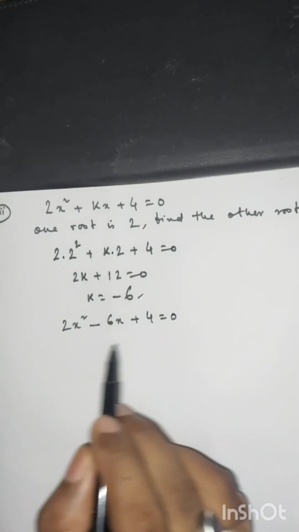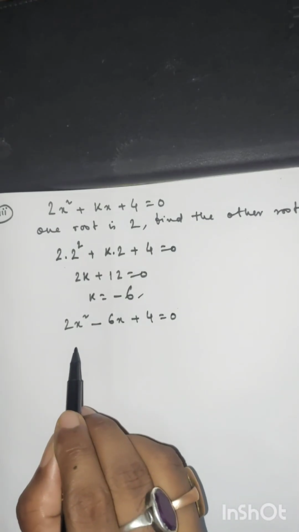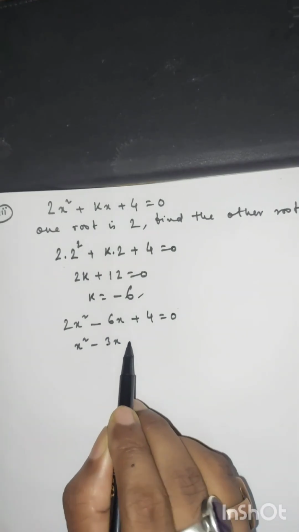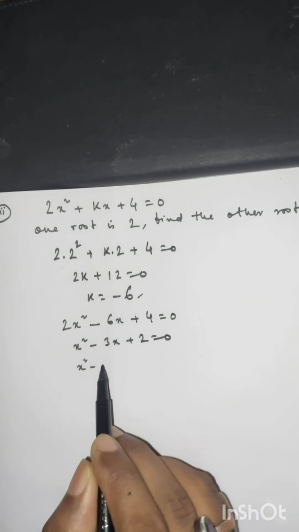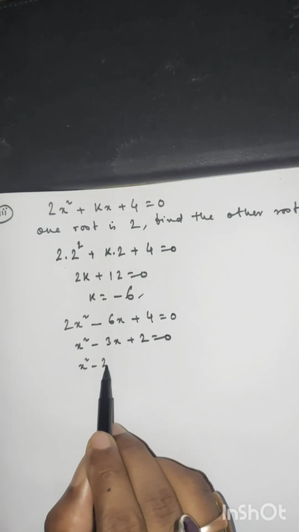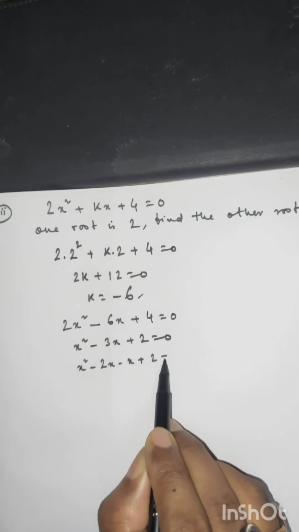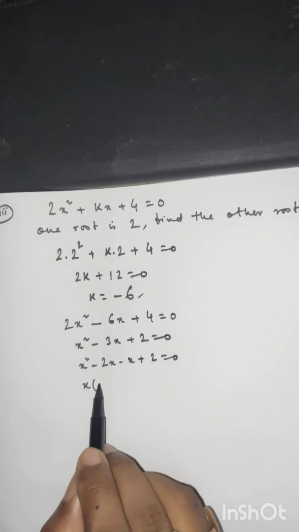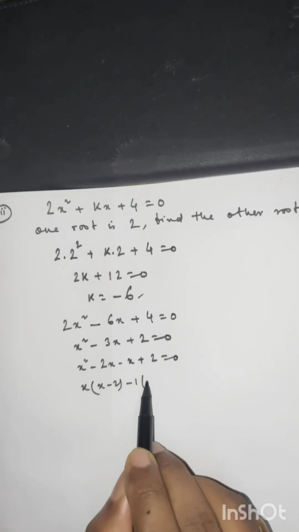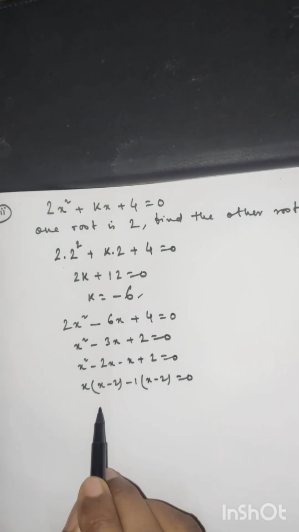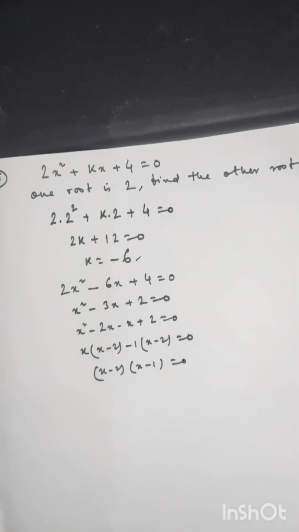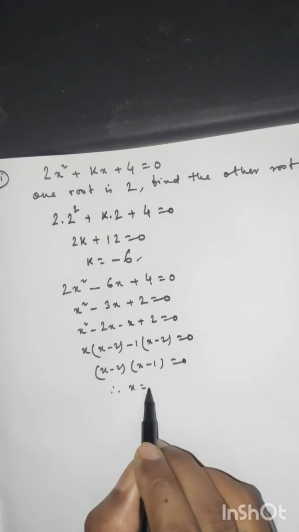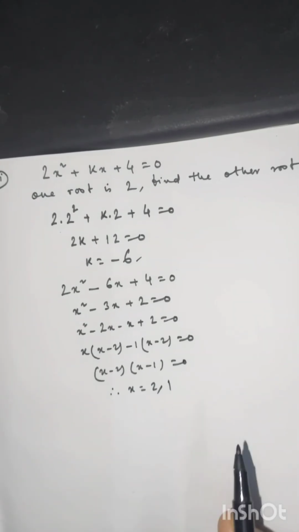If we divide both sides of the equation by 2, we get, therefore x is either 2 or 1. So the other root of the equation should be 1.